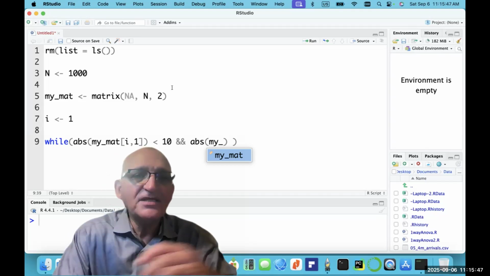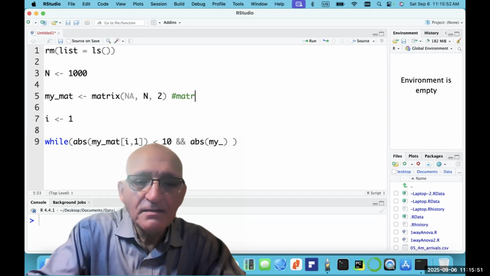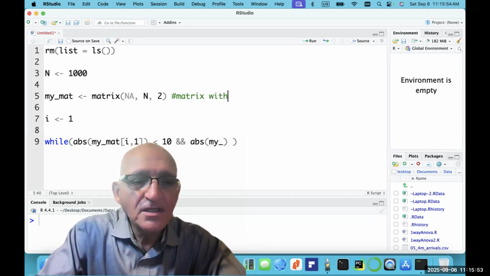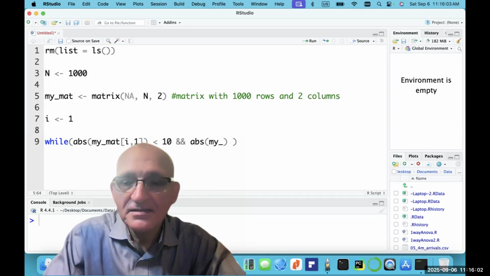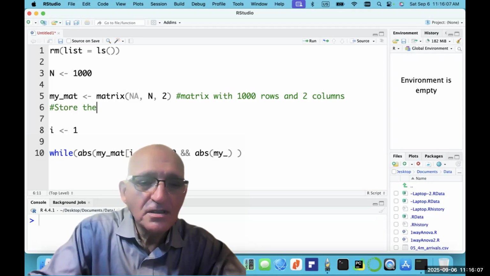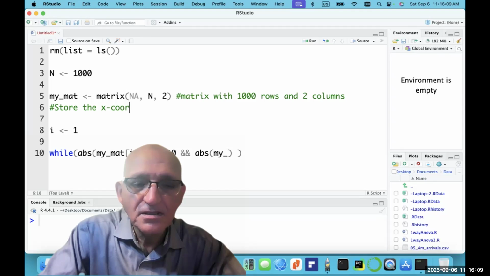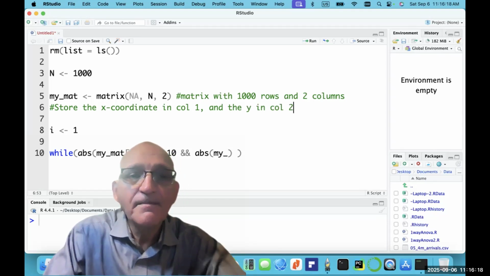here I created a matrix with 1,000 rows and 2 columns, right? Store the x coordinate in column 1 and the y in column 2.